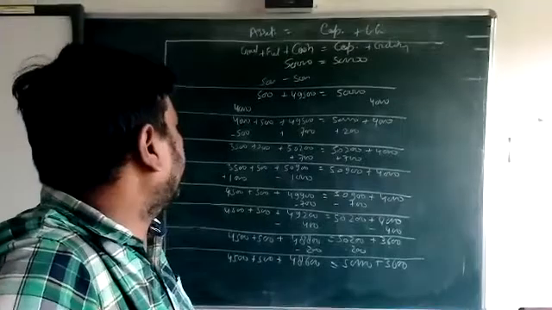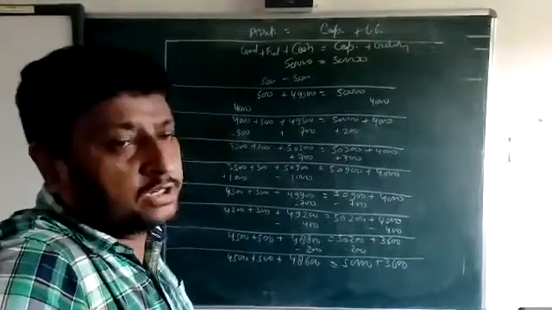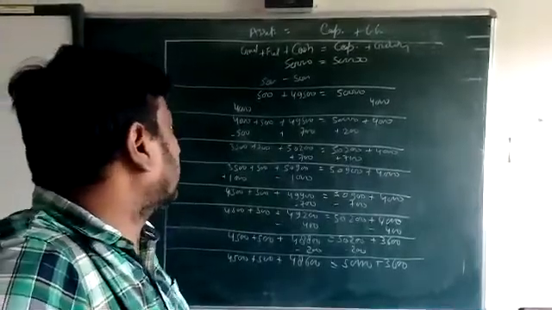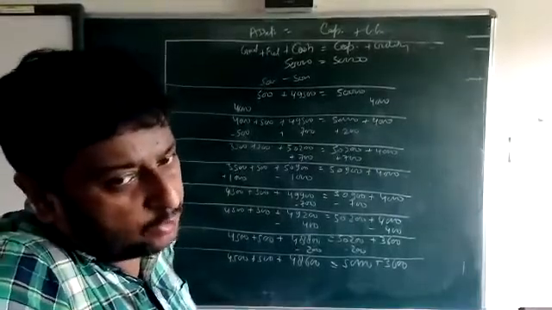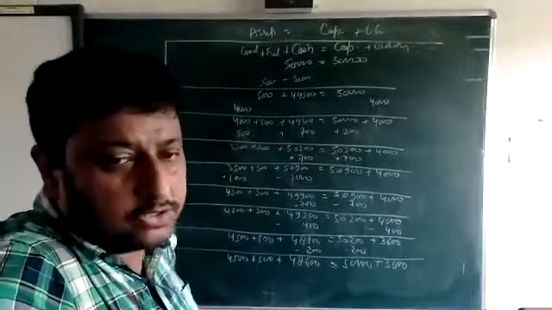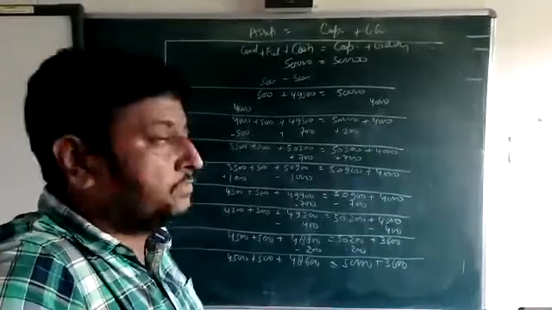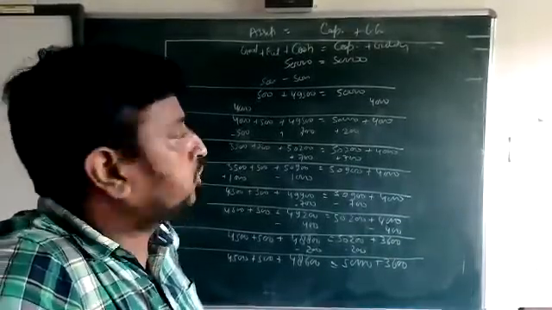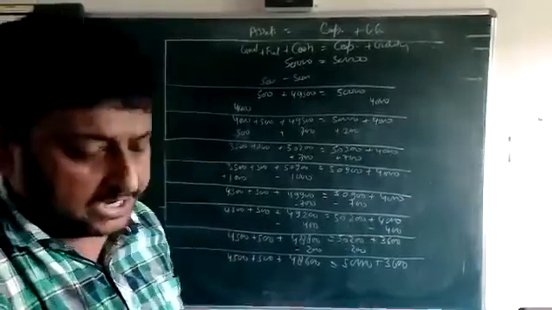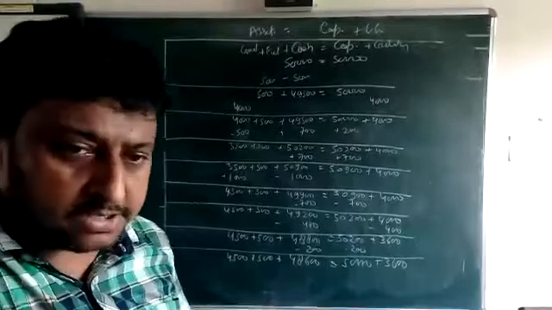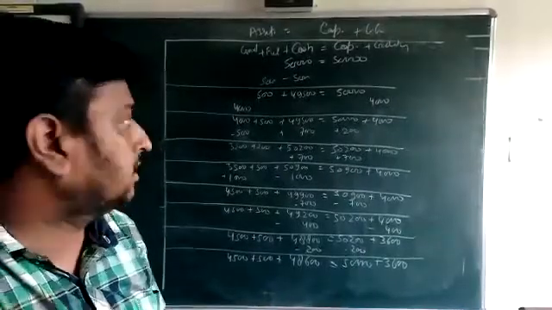Then go for the next. Purchase goods on credit 4,000. A new head for goods, 4,000, and we are purchasing on credit, so we make the creditor on which side? Credit side or liability side.